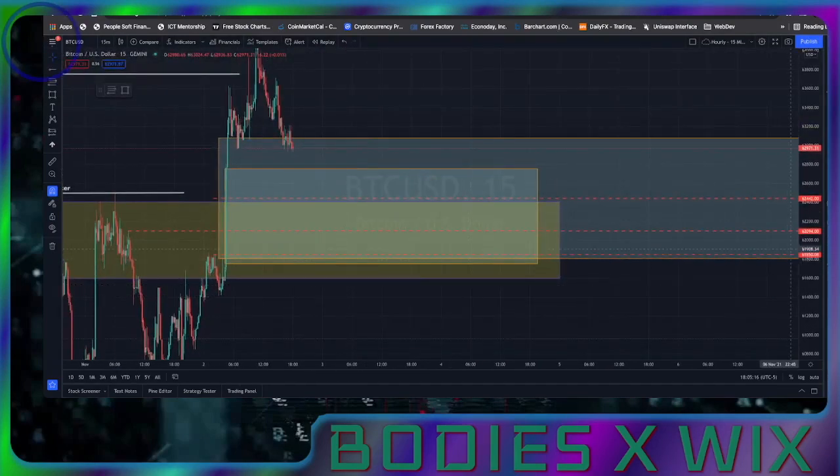And now I'll give you the numbers of those areas if you can't see them. 62,442 would be your top breaker. Or actually, that would be the median of the hourly fair value gap. 62,094 would be the first breaker.